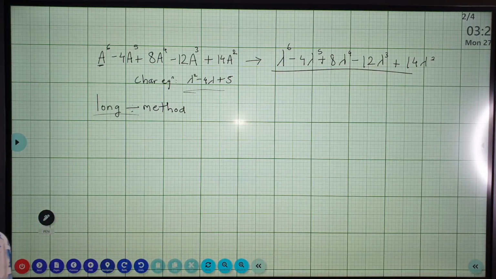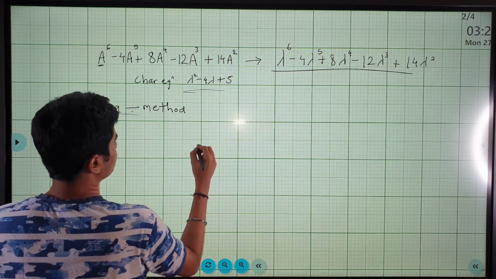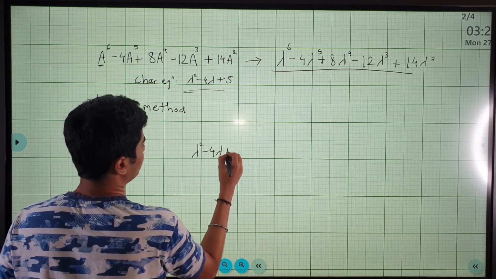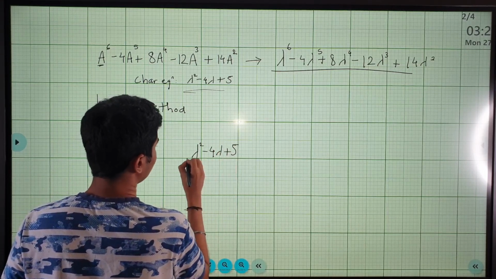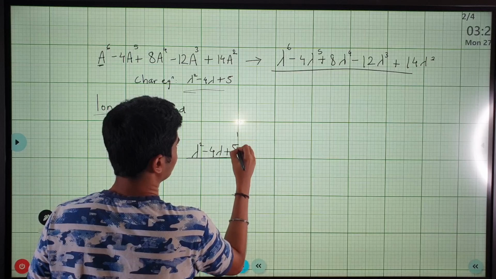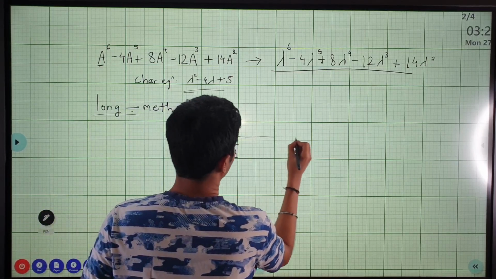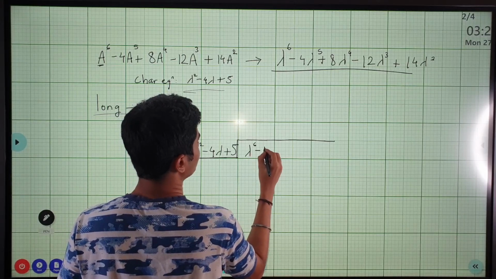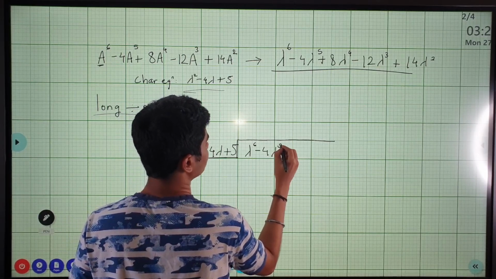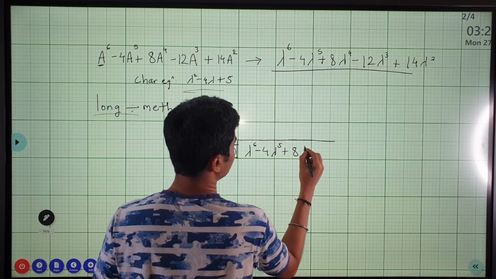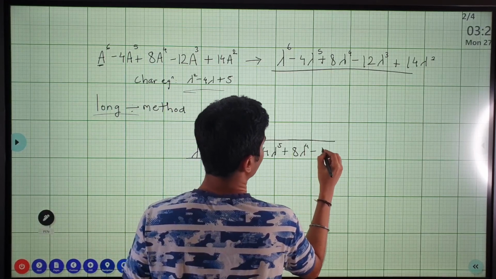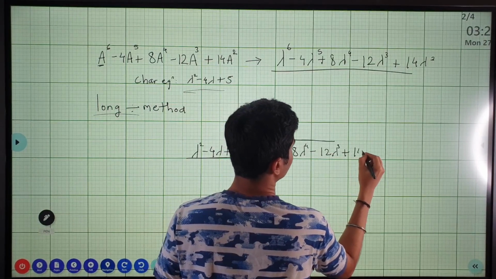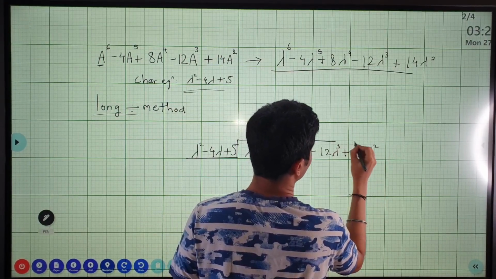So let's get started with it. So here we will write λ² - 4λ + 5. This would divide, and this equation we will write down here, λ⁶ - 4λ⁵ + 8λ⁴ - 12λ³ + 14λ².